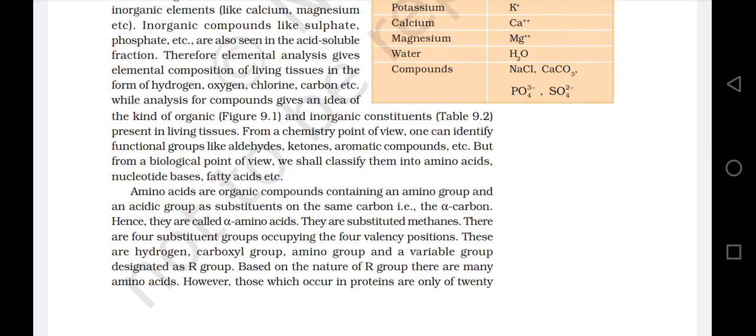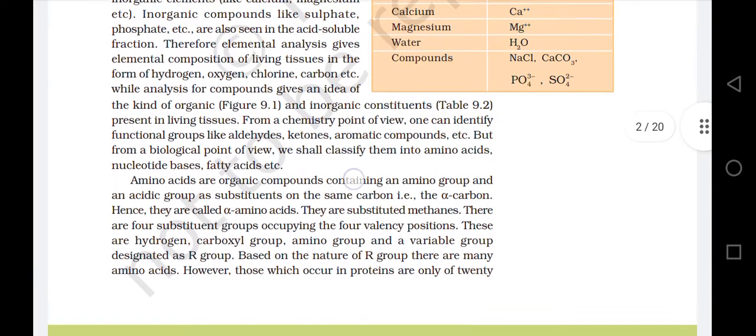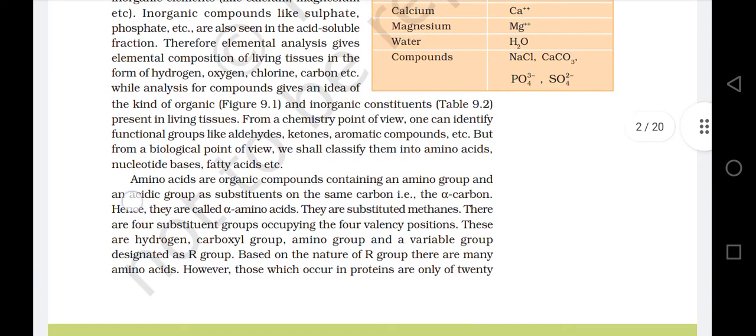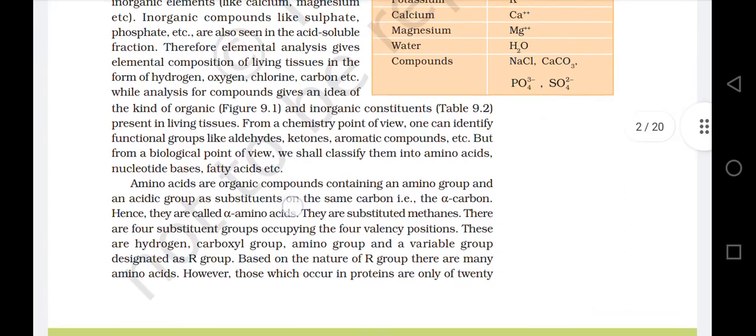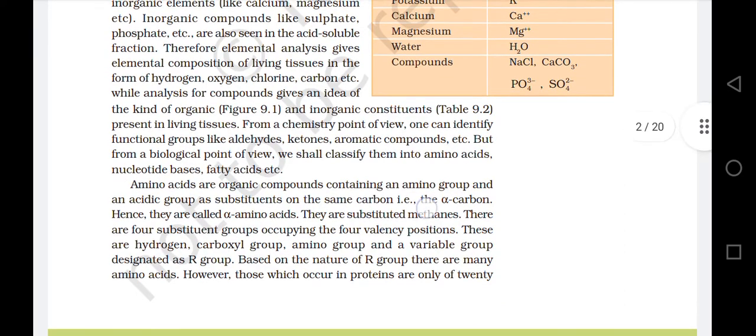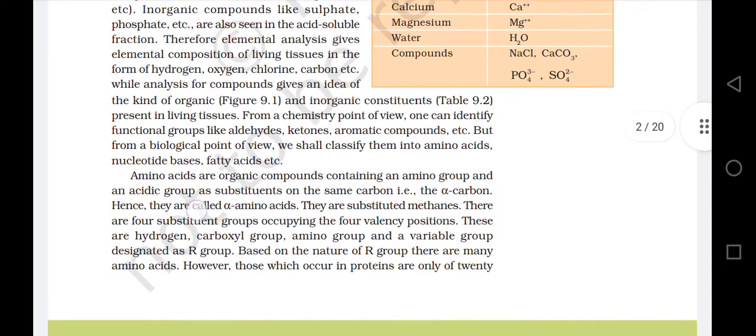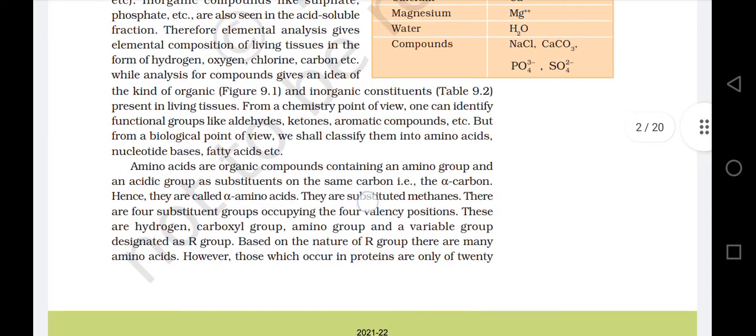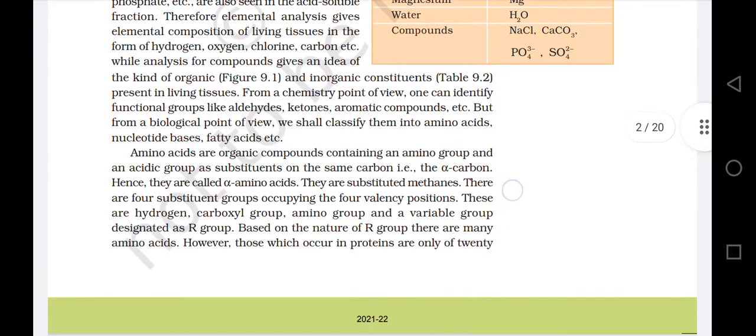Amino acids are organic compounds containing an amino group and an acidic group as substituents on the same carbon, that is, the alpha carbon, hence they are called alpha amino acids. They are substituted methanes.